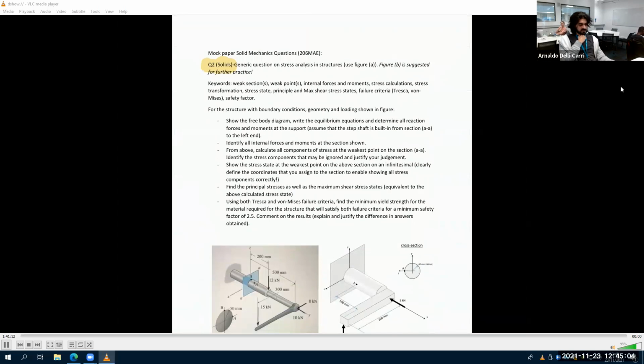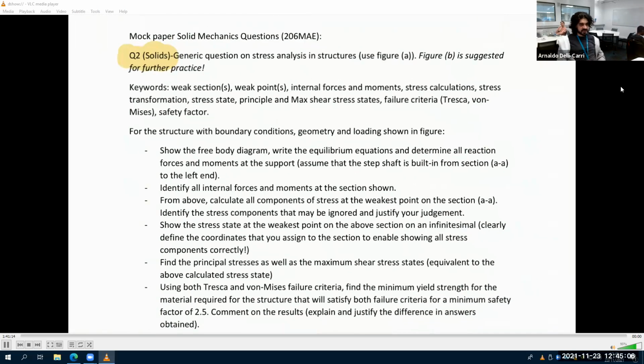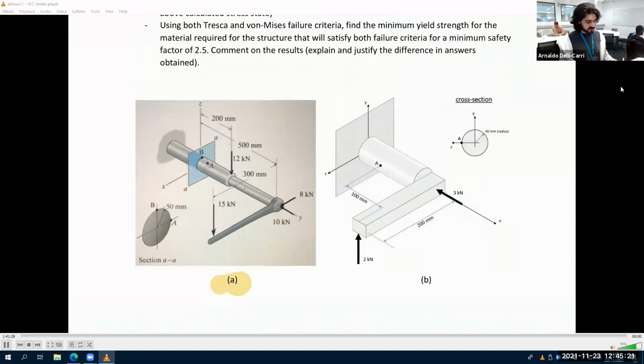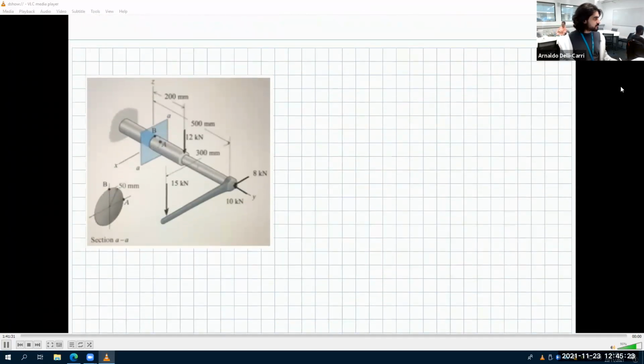Okay, looking at this instead, apologies, I'm going a bit fast because we only have 10 minutes left, really. We need to do a free body diagram, equilibrium equations, reaction forces and moments at the support, and identify internal forces and moment at the section shown. We basically want to find this. We want to see what's happening here. Remember what we did. You can use the sum of moments equals zero.